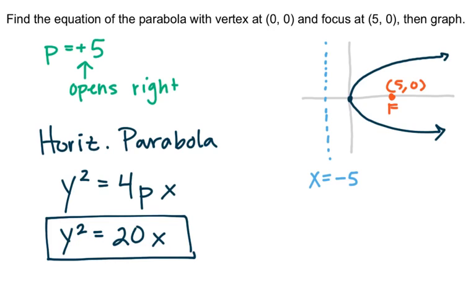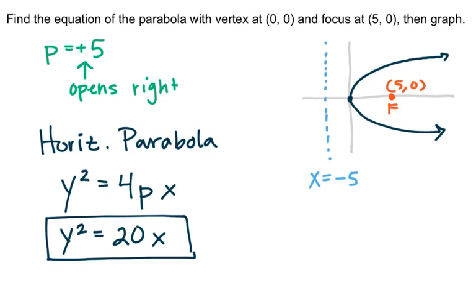Now, outside of (0, 0), if I need to pick another point to plot, again, I might need to get creative. So I know I'm going to need to divide or multiply whatever that is times 20 to get that. And so I might think, well, I need a perfect square number over here. And is there a number that 20 goes into evenly? And the only perfect square number I can think of would be 100.